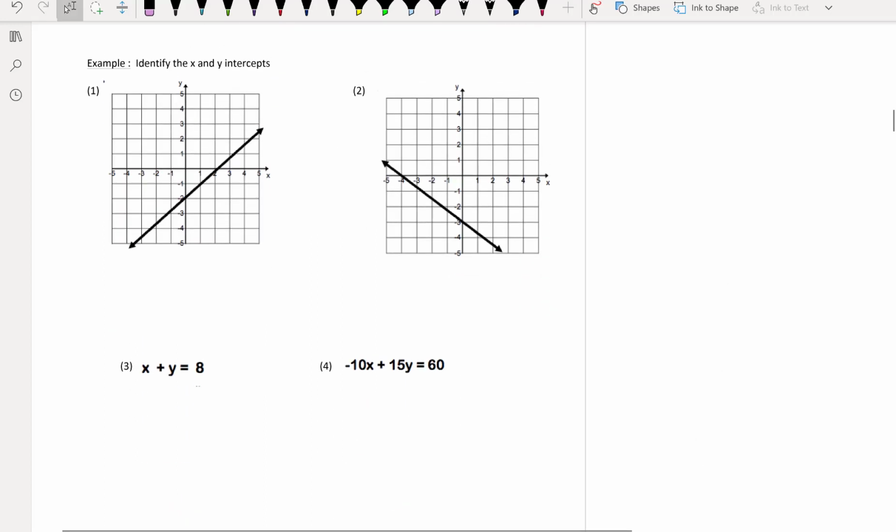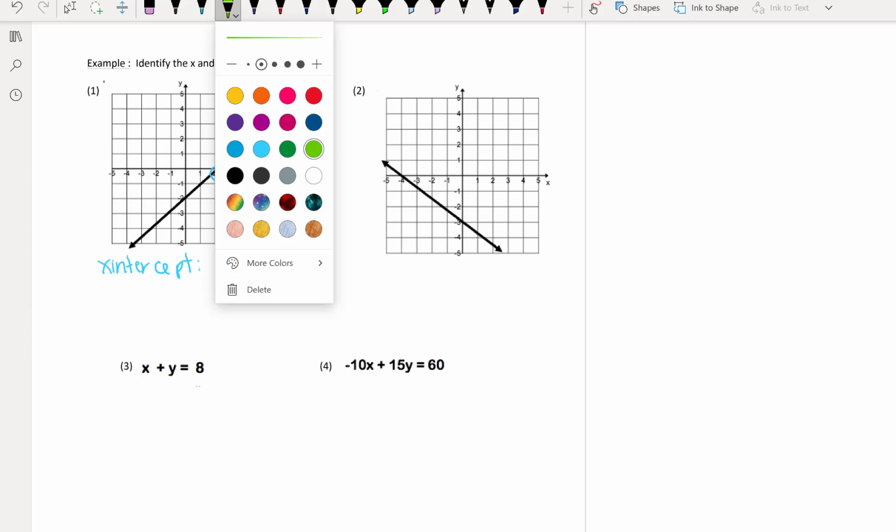So we find the y-intercept by letting x equal 0 and solving for y. For these examples, it says identify the x- and y-intercept. So let's think about the x-intercept. I know it has to be an ordered pair, an x and a y value. No matter what, I know that the y value has to be 0, okay? So along the x-axis, I see 2 for my x value.